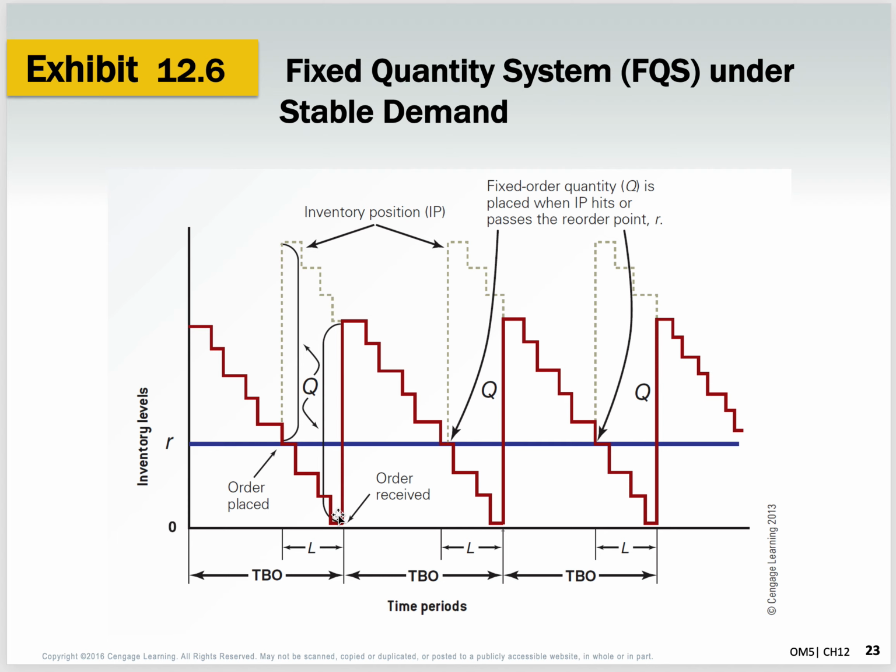Notice it's not necessarily a line. I don't use any, and then I use some, and then I don't use any, and I use some. It seems like the amount used is almost a fixed quantity, but it does vary. When I get to the reorder point, I know that this is the lead time, so I better get some more.